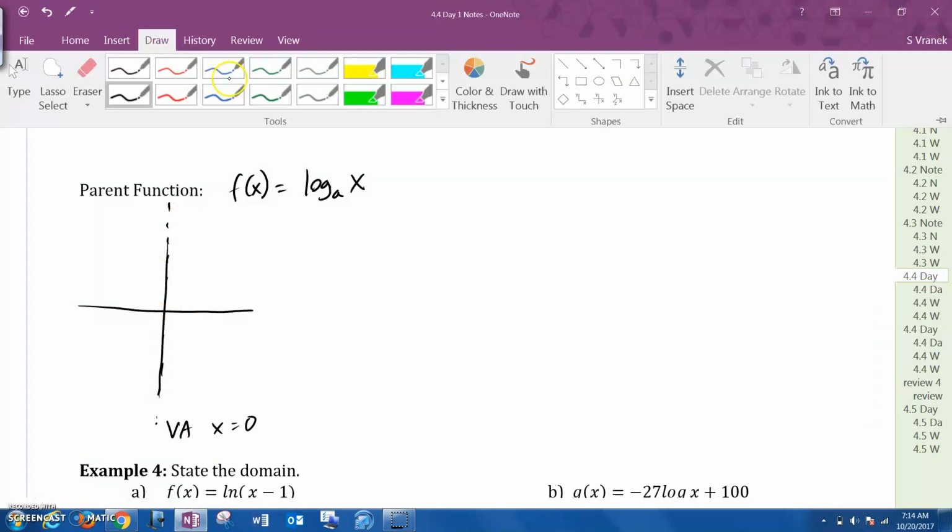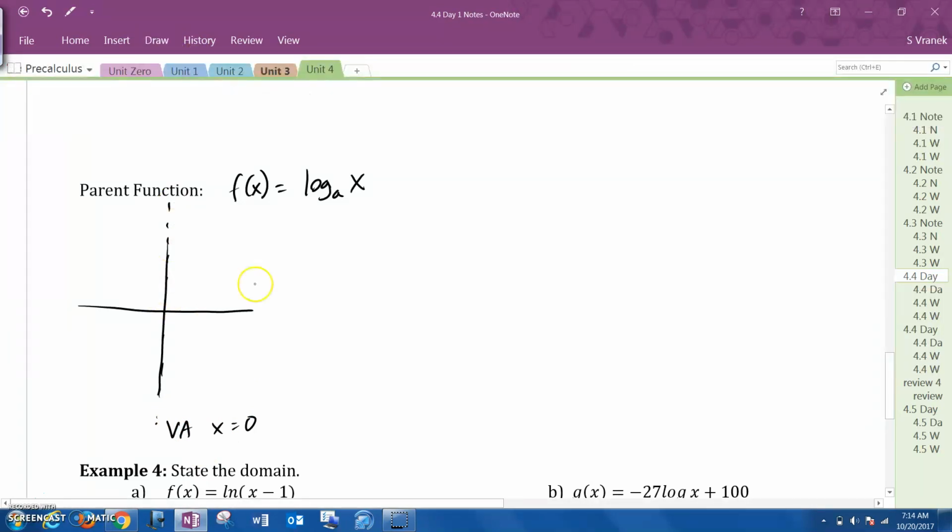The point flipped over. Remember, for exponential it was 0, 1. Now the common point is 1, 0. And you're approaching the vertical asymptote down here. Which means for these ones now the domain is that x is greater than 0 and the range is all real numbers. Because remember, inverses switch.